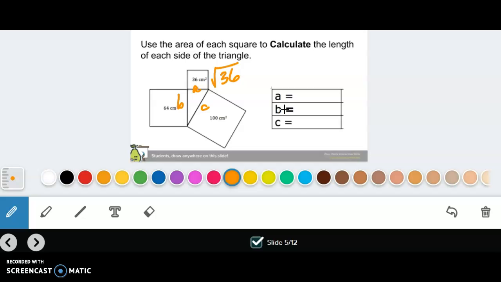The square root of that number will give us the side that we need, the length of it. If we take the square root of 64, it's going to give me the length of side B. And then if we take the square root of C, it's going to give me the length that I need. So we're going to go ahead and input those on the calculator.